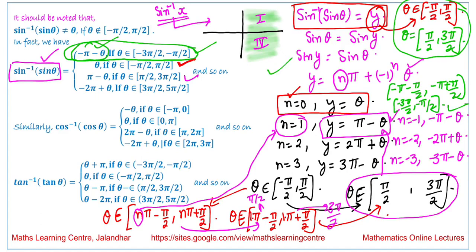So this is the most general way to solve these kinds of problems, and these are the general solutions that we have for the case when theta belongs to R. Similarly, we can see the result for cos inverse of cos theta and tan inverse of tan theta.